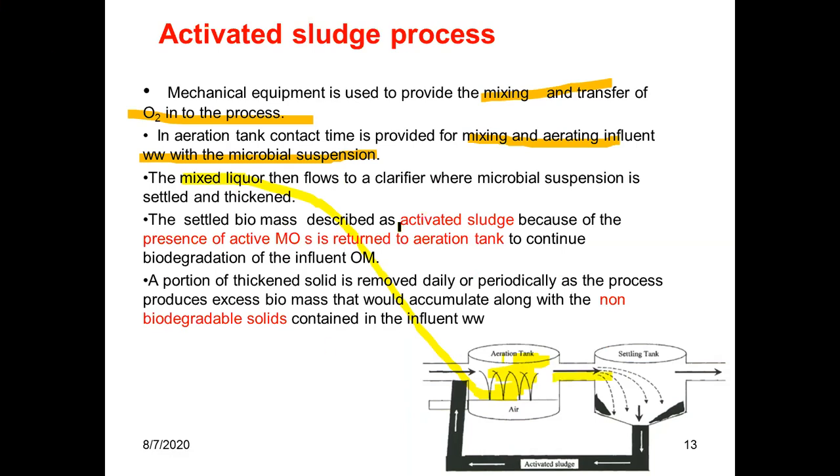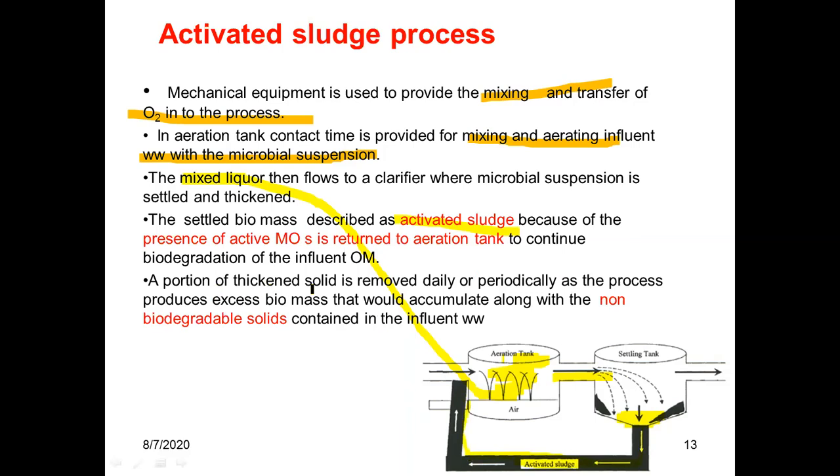Settled biomass is described as activated sludge. The biomass settled at the bottom of the secondary clarifier is called activated sludge because of the presence of active microorganisms. Then these activated microorganisms are recycled back to the aeration tank.